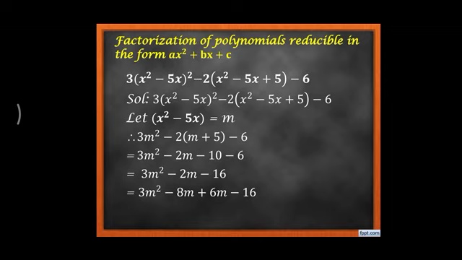Now you need two factors of minus 48 such that their sum is minus 2. We have 8 6 are 48, but since we want minus 2, we will have the negative sign in the greater number. So you have 3m square minus 8m plus 6m minus 16.